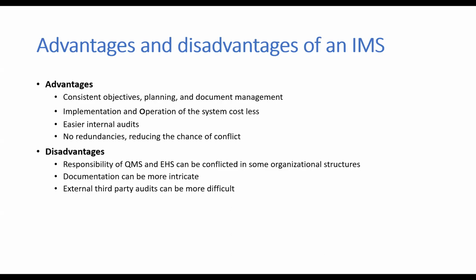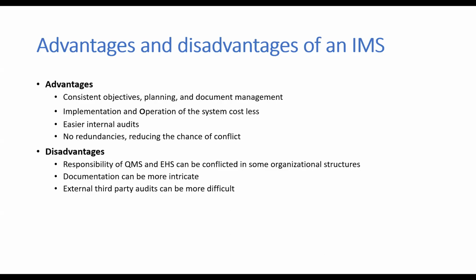External third party audit can be difficult. This is another very important point, and we face it during the audit. Most of the time, during the third party IMS audits, you have one department or one or two personnel. For example, take the example of Mr. Ali Kishavi's company. When Ali Kishavi has the third party audit, he is solely responsible for quality, safety, and environment. There may be more than one auditor on the team.